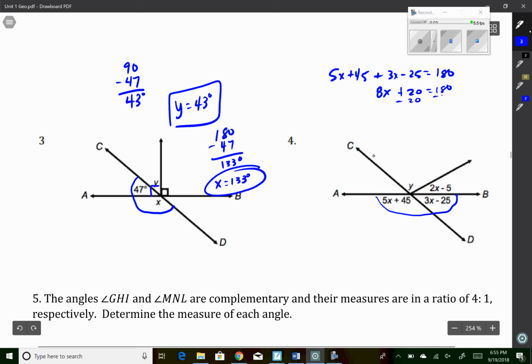Subtract 20 from both sides, and I get 8x is equal to 160. Divide both sides by 8, and I get x equals 20.